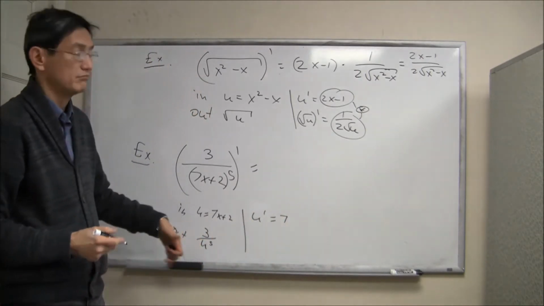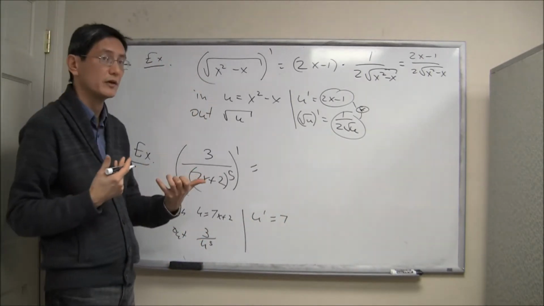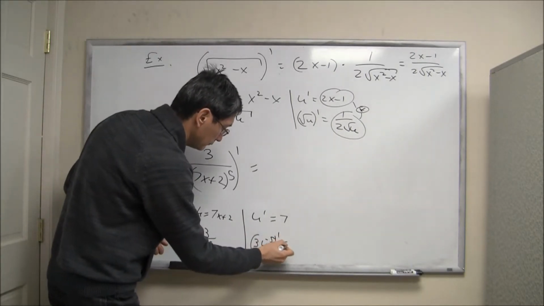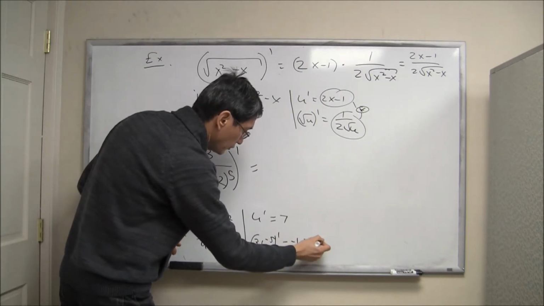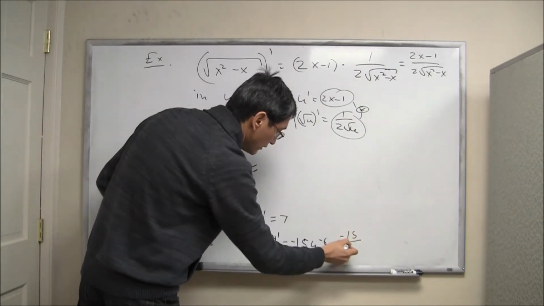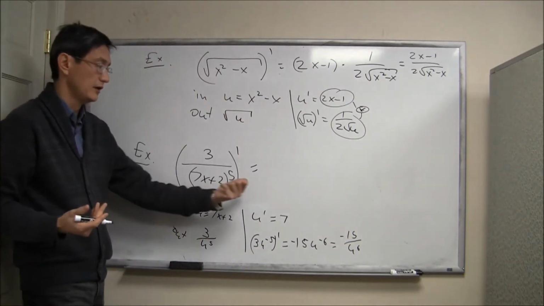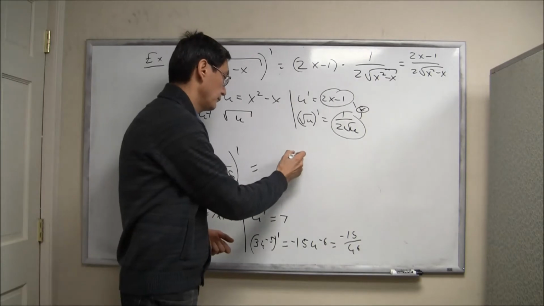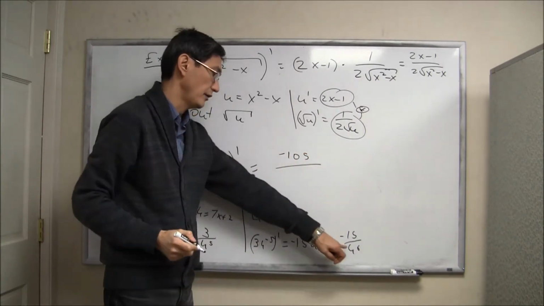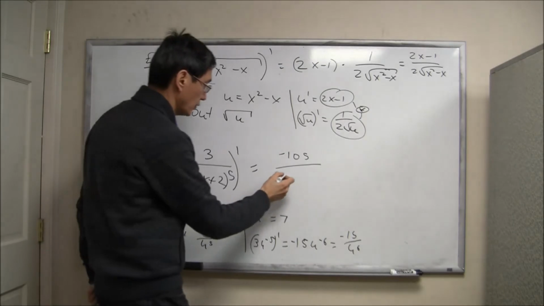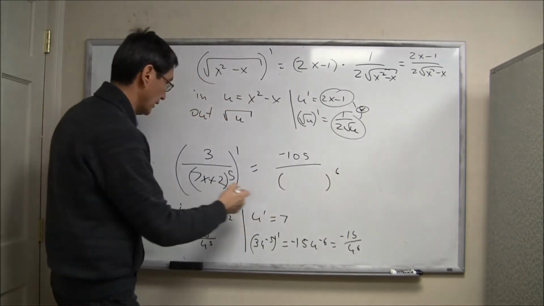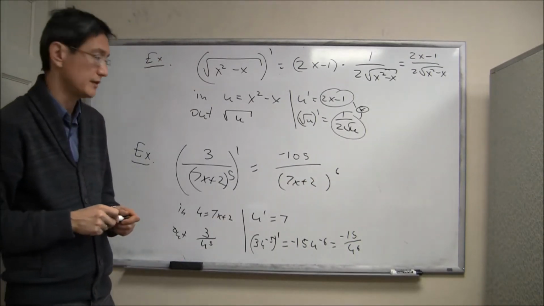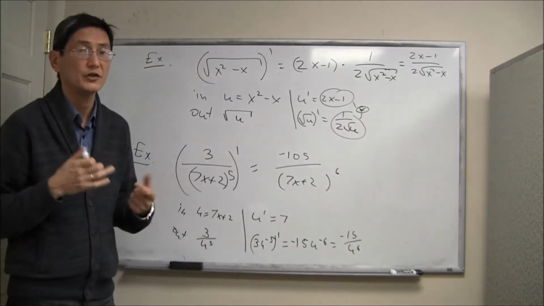For the outside it will not be difficult, we switch to negative exponents: 3u to the negative 5. So negative 15 u to the negative 6. And at the end, we multiply these together. 7 times 15 is 105. Don't forget to plug in what u stands for. And we have our final answer: negative 105 over 7x plus 2 to the 6. That is the application of the chain rule.